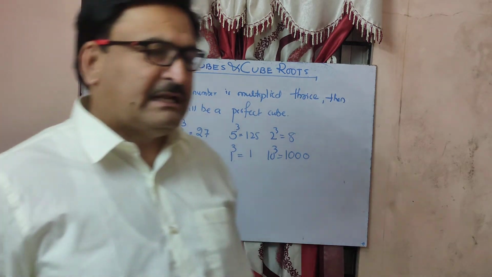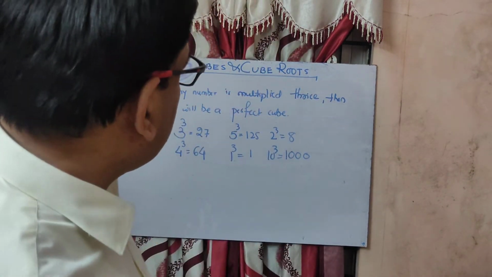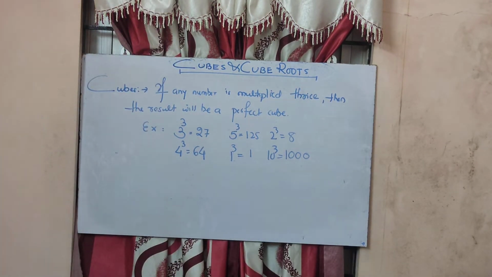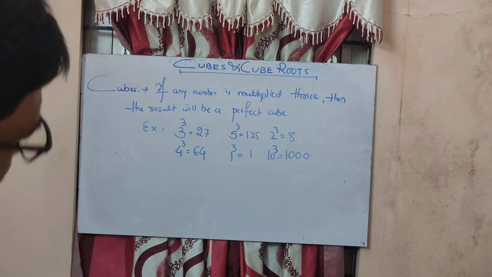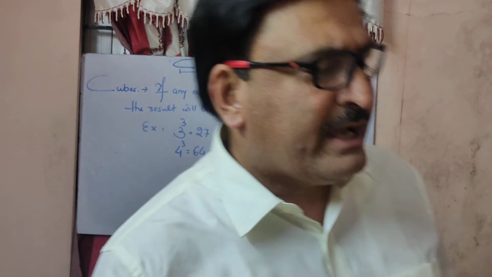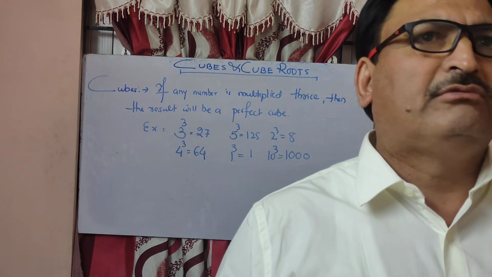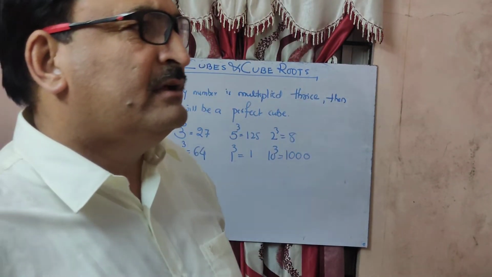If any number is multiplied thrice, the result we get is called a cube, or a perfect cube. As I already told you, for squares you need to remember up to 25 minimum, and for cubes you need to remember minimum 10 cubes.